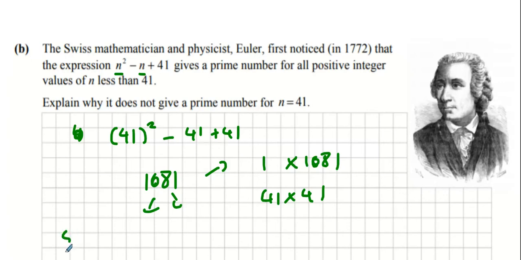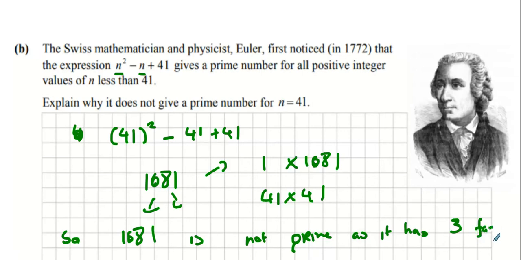And so 1,681 is not prime, as it has 3 factors. It's only meant to have 2 factors, itself and 1. Okay. Now, let's move on.